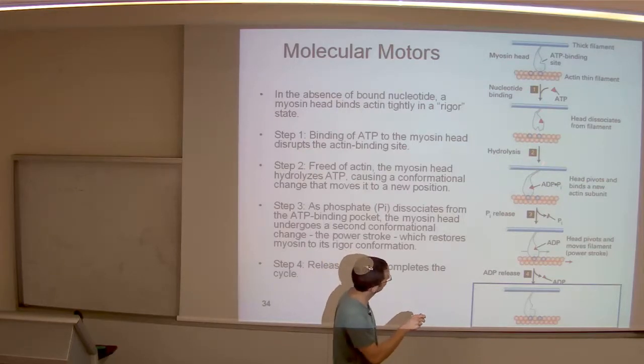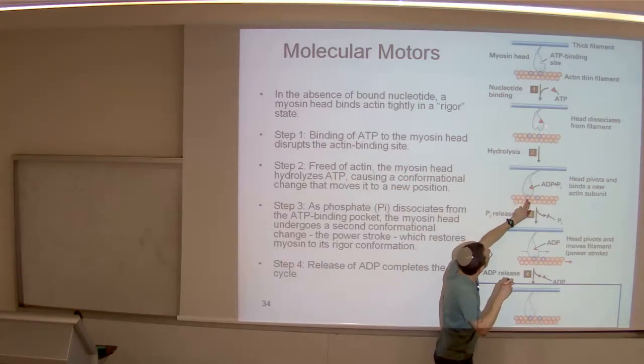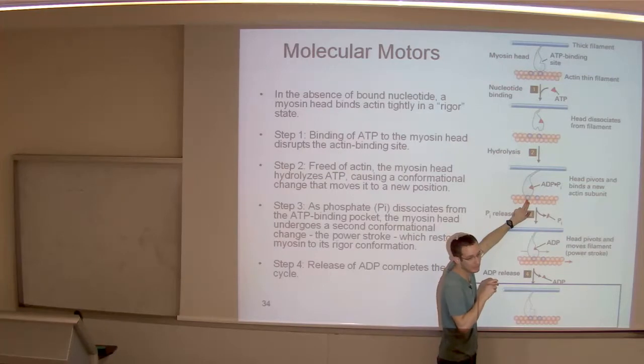Upon hydrolysis of the ATP, the ATP is a red rectangle here, to ADP and a separated phosphate, the myosin head moves to a new location on the thin filament, and binds on a new location.